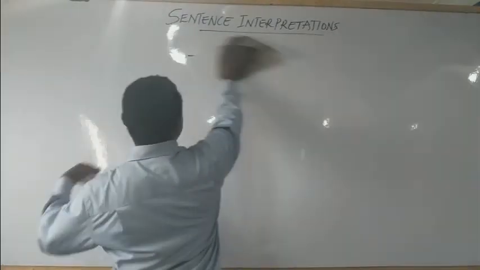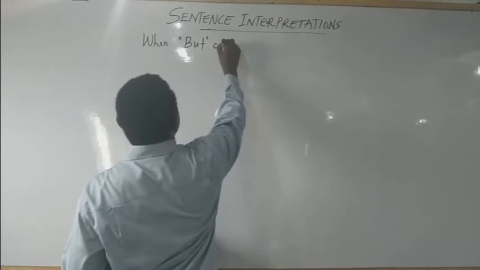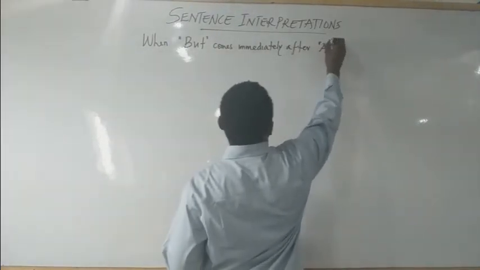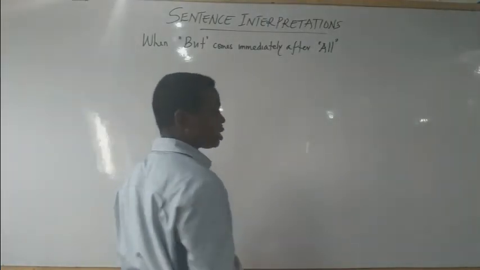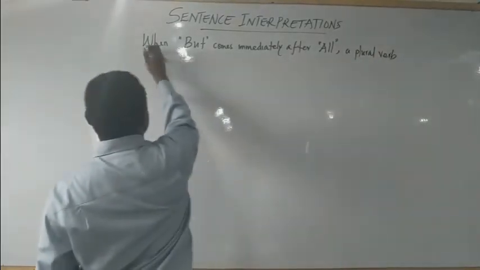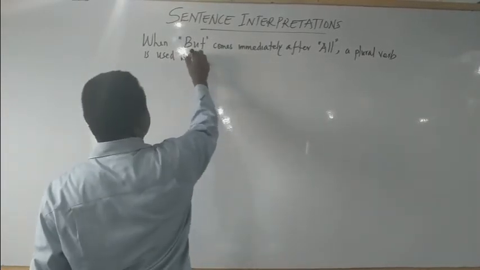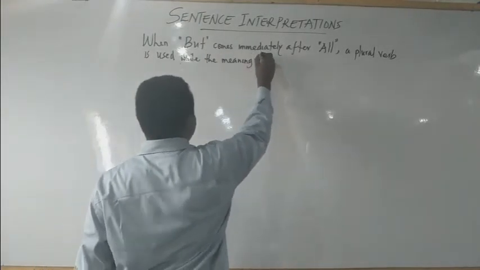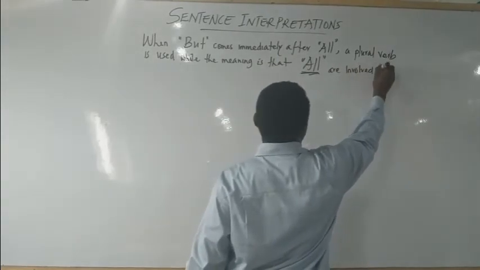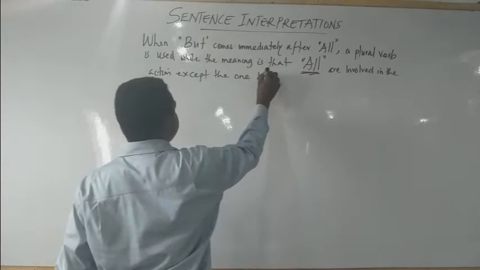The first instance, number 1: when but comes immediately after all in a sentence, a plural verb is used, while the meaning is that all are involved in the action except the one being mentioned.